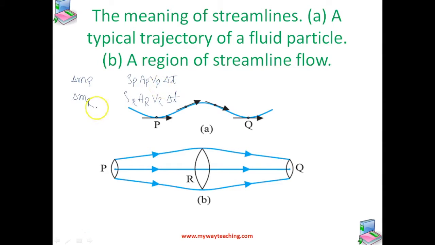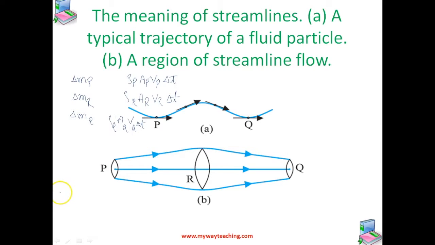And the mass of the fluid crossing the plane AQ is given by delta MQ, which is delta Q, AQ, VQ into delta T. So the mass of liquid flowing out equals the mass flowing in, isn't it?